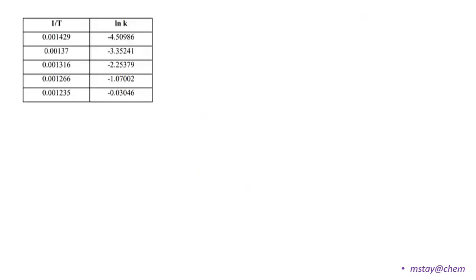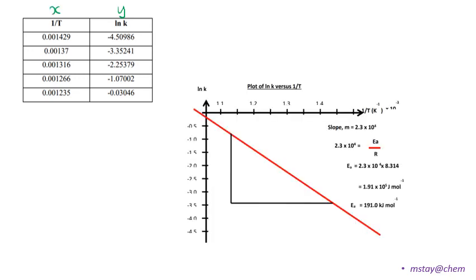Based on the table that we got in the previous slide, we need to transform it into the graph. Again, ln K is the y-axis, 1 over T is the x-axis. Basically, you will get a negative slope linear graph. Remember that if you look here, this one is 0.001, 0.001.